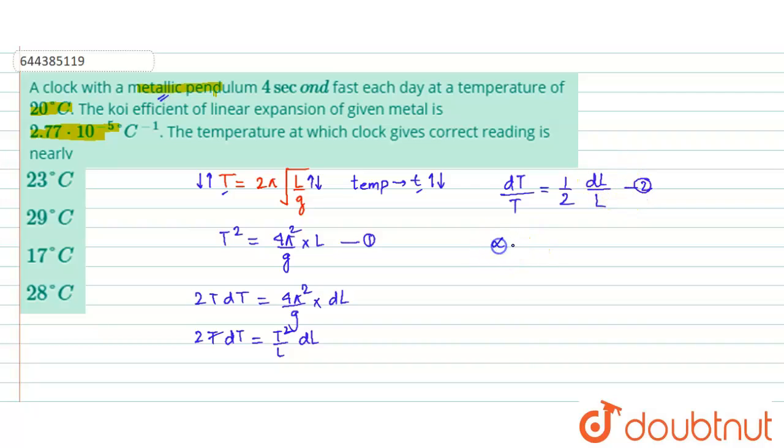The coefficient of linear expansion alpha is equal to change in length divided by original length into rise in temperature. Rise in temperature we are taking as delta T. So from here, let us find the value of dL by L. dL by L will be equal to alpha into delta T, the change in temperature.